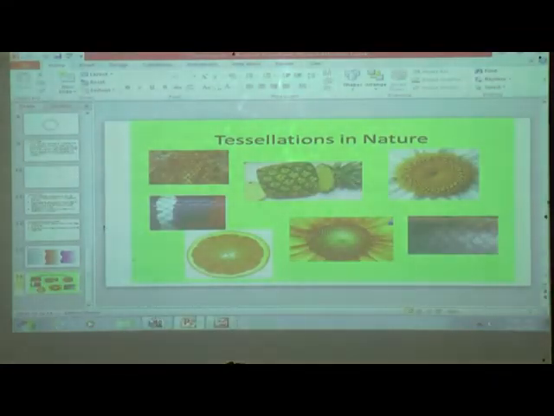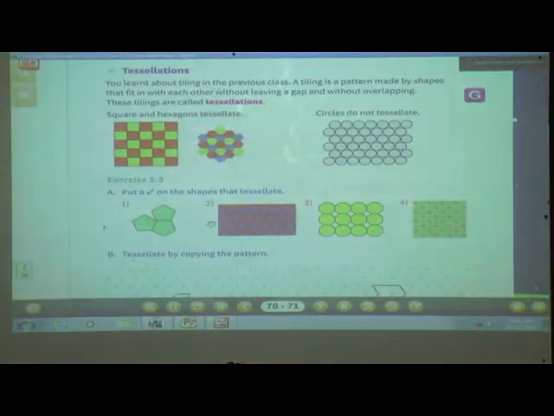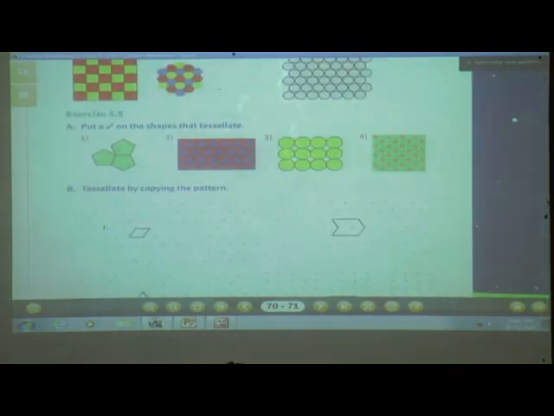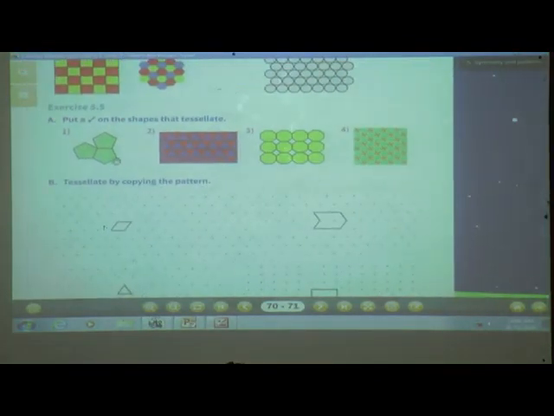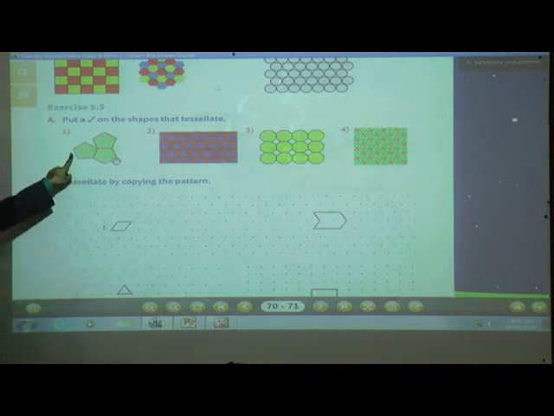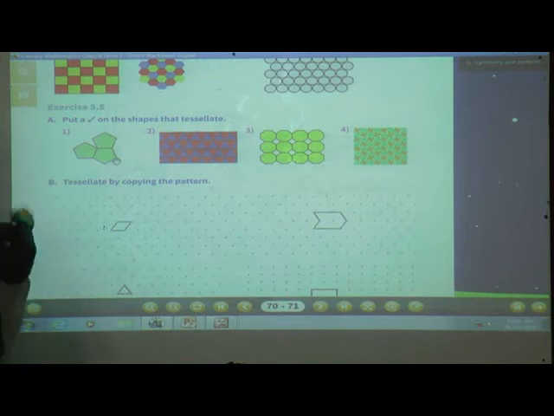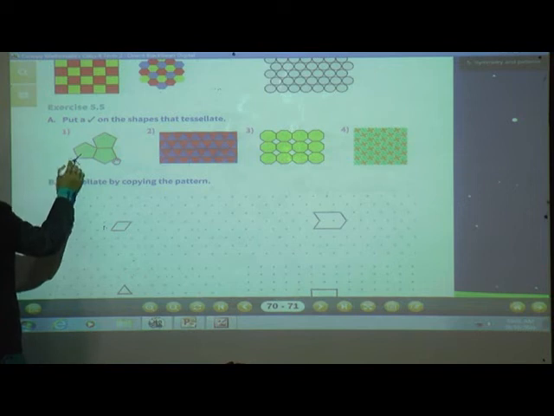Now, see in the textbook. Here, exercise 5.5. Put a tick on the shapes that tessellate. Okay. Now see here. This one is a tessellation or not? No, because there is a gap. So this one is wrong.